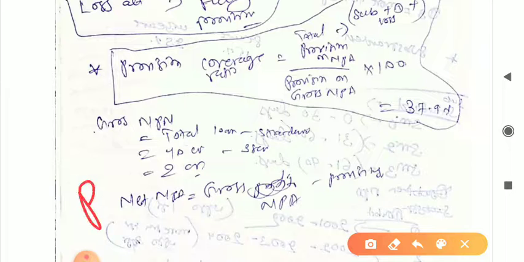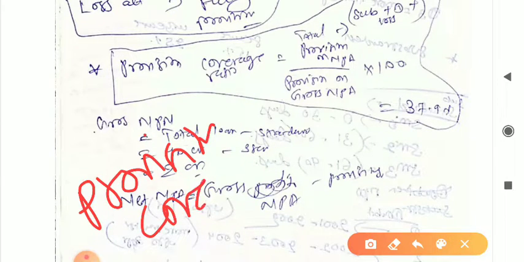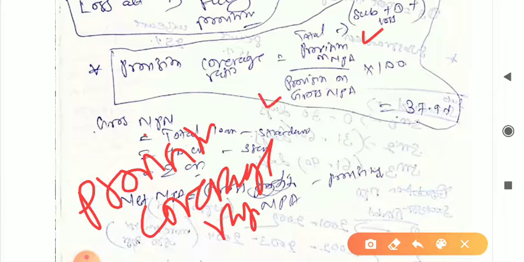Provision coverage ratio is provision on NPA divided by gross NPA, multiplied by 100. Total provision on NPA will be substandard, doubtful and loss cumulated, and there will be gross NPA, right?